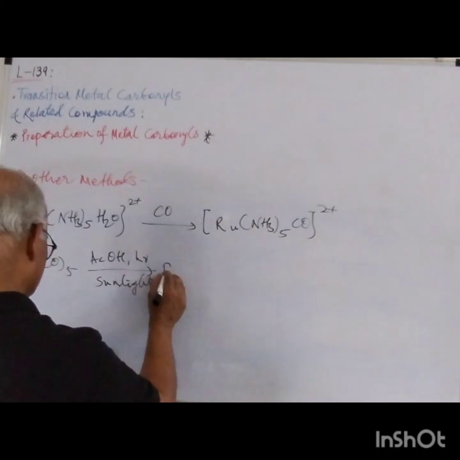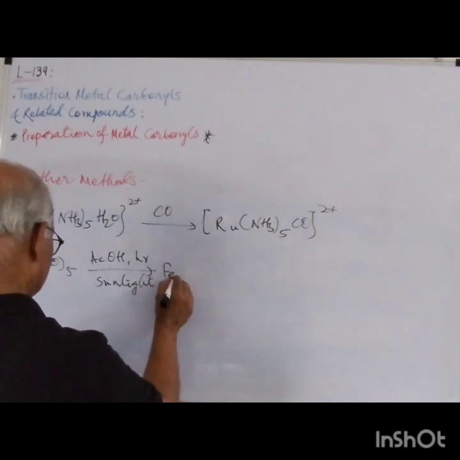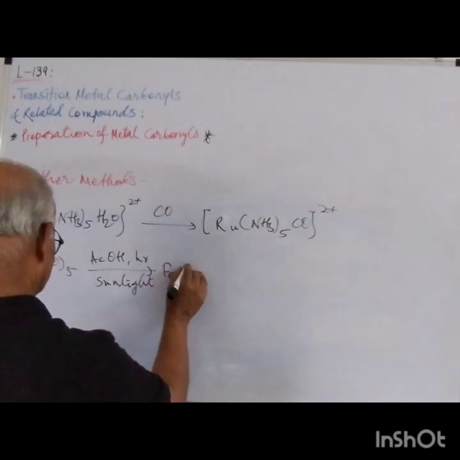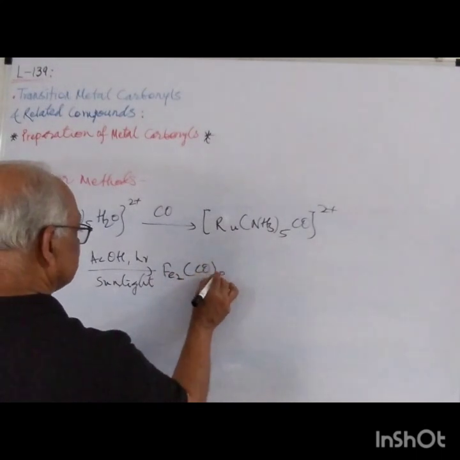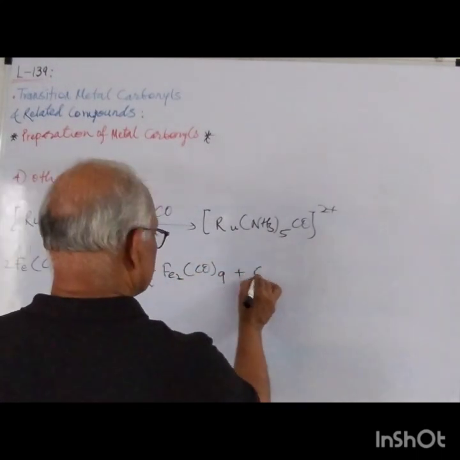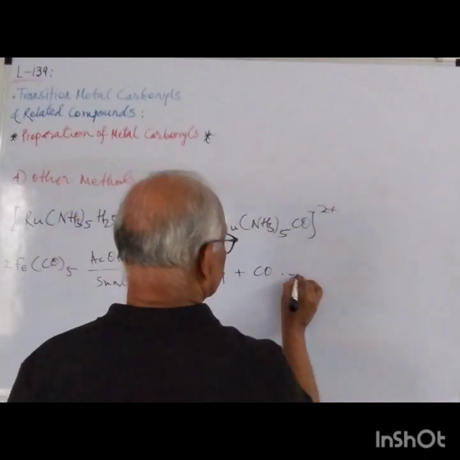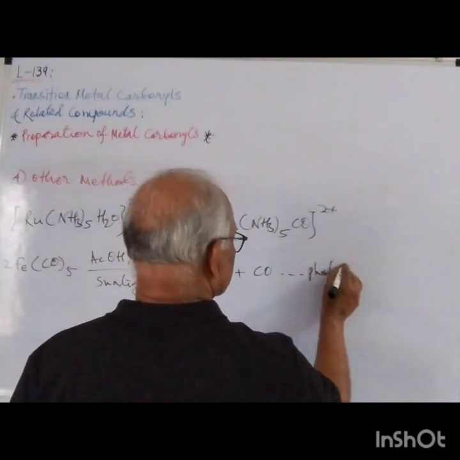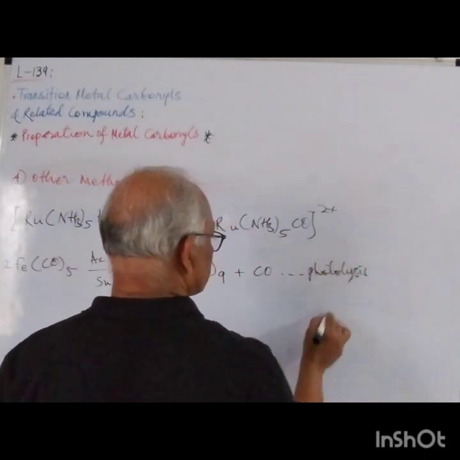That is for the photolysis, gives Fe2(CO)9 plus carbon monoxide. This is photolysis.